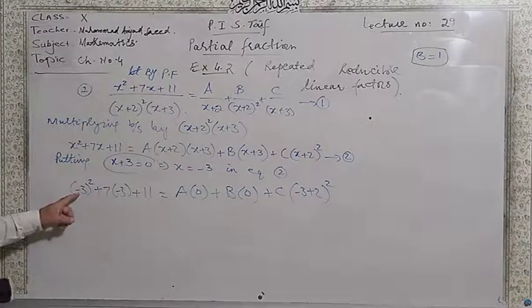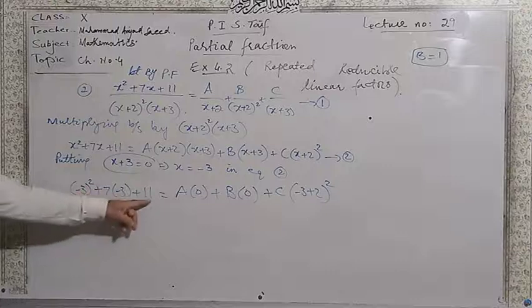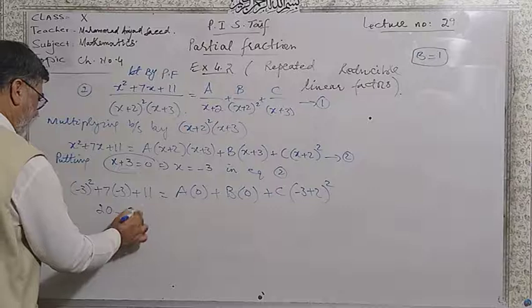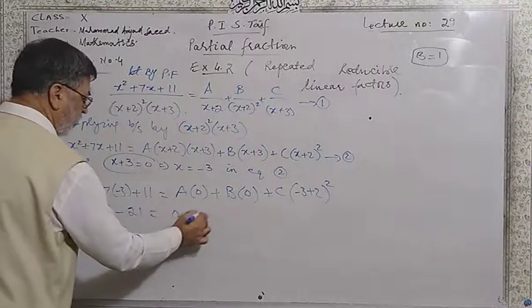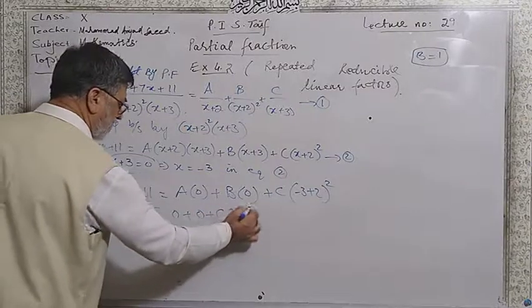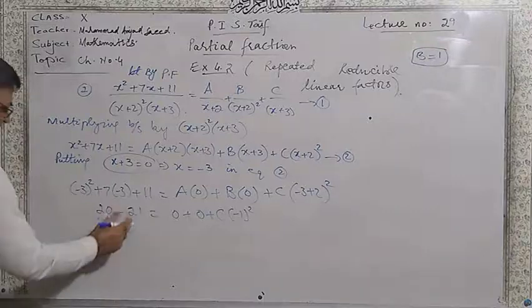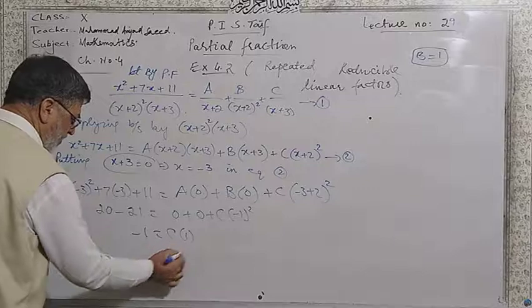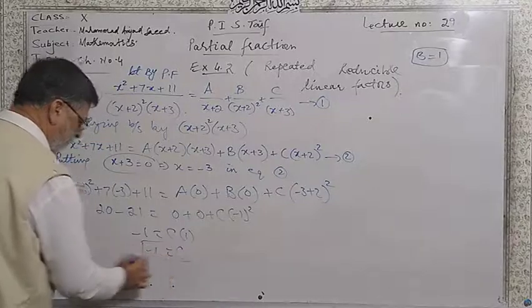Remember that minus 3 square is 9, 9 plus 11 is 20. So 20 minus 21, that is equal to 0 plus c into minus 1 square. Remember that 20 minus 21 is minus 1. That is c into 1, c is equal to minus 1.